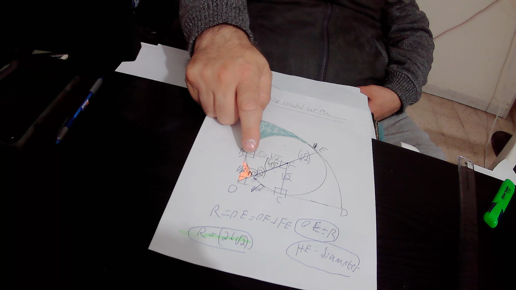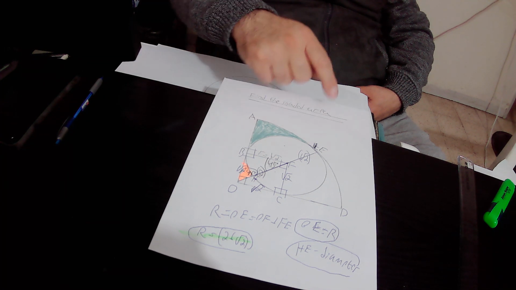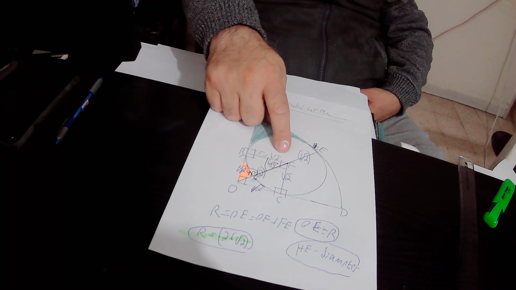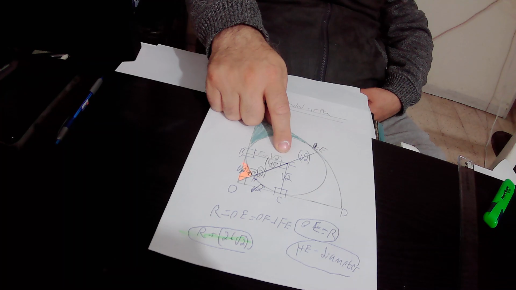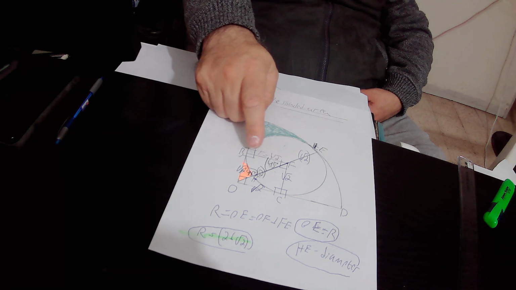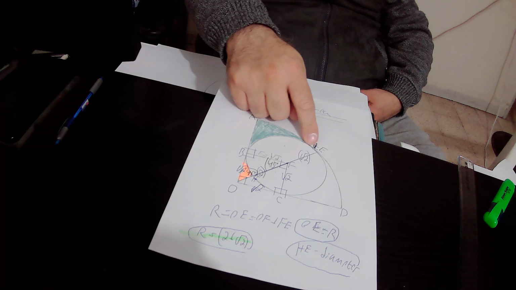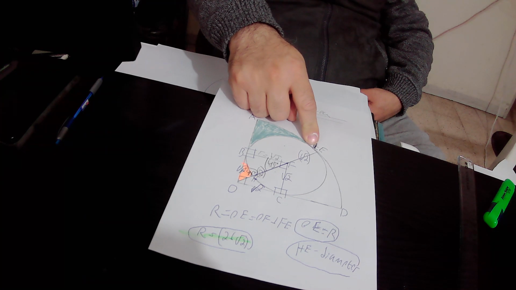So edge FE is a chord, but it is a chord that passes through point F, the center of the circle. Any chord that passes through the center of the circle must be the diameter of the circle. Therefore, edge FE is the diameter of the circle.